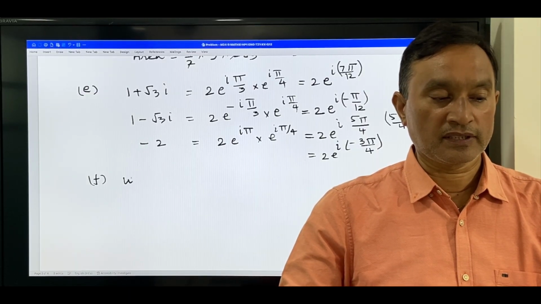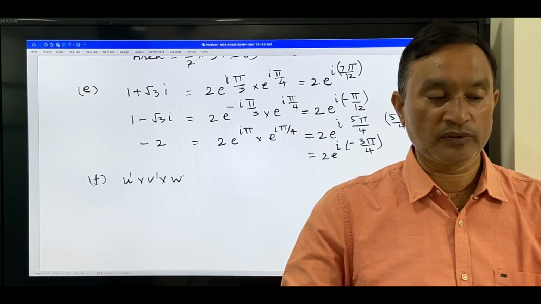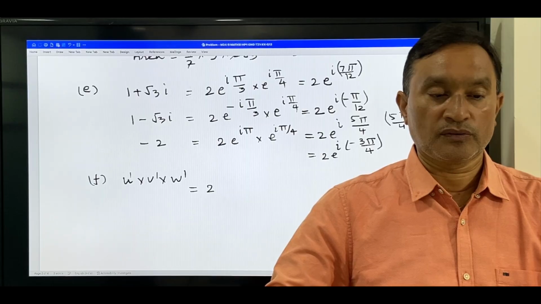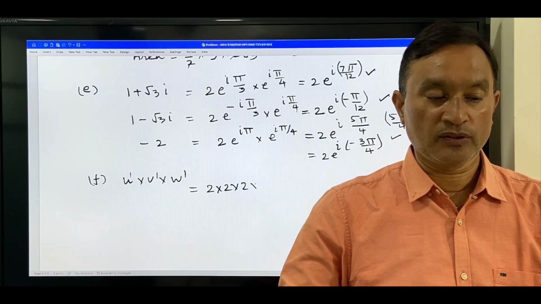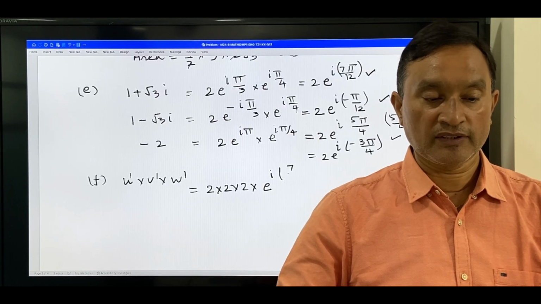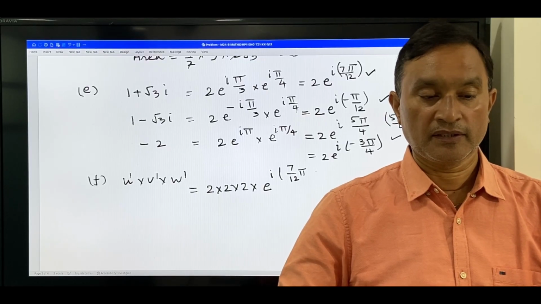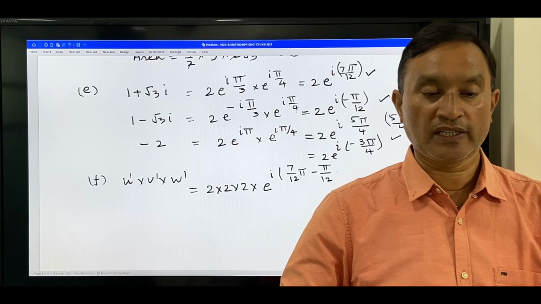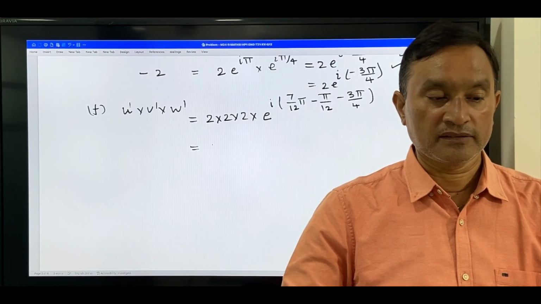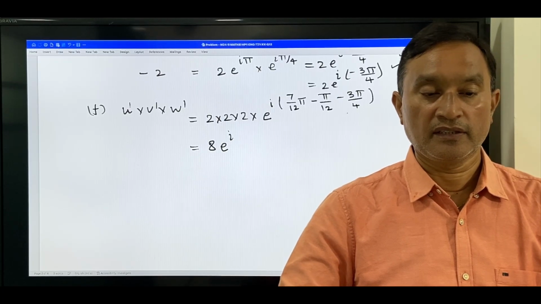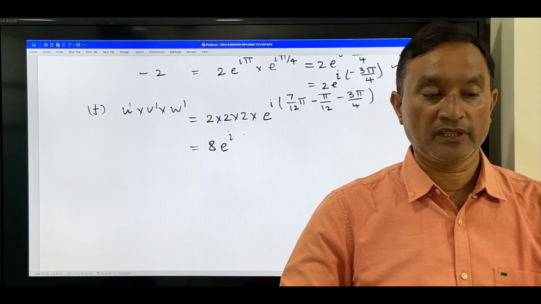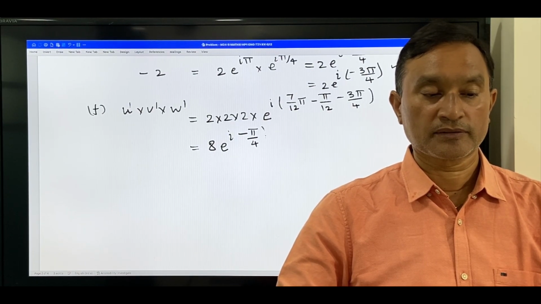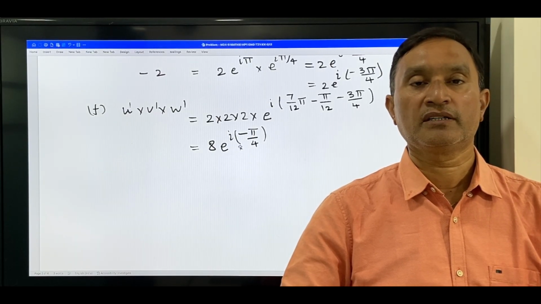So here, as I said, U dash into V dash into W dash is equal to 2 into 2 into 2 into e to the power i (7 by 12 pi minus pi by 12 minus 3 pi by 4), getting 8 e to the power i, and now here this would be 7 minus 1, 6 and 9, so it would be minus pi by 4. So this is the solution of F part. Now we will proceed to G part.